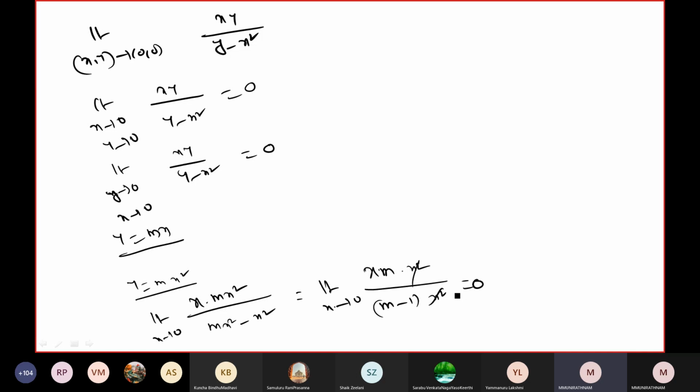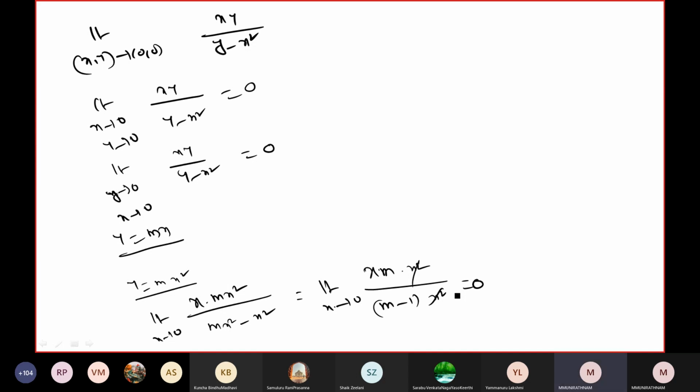Okay, fine. R square by R cos theta. Okay, fine.